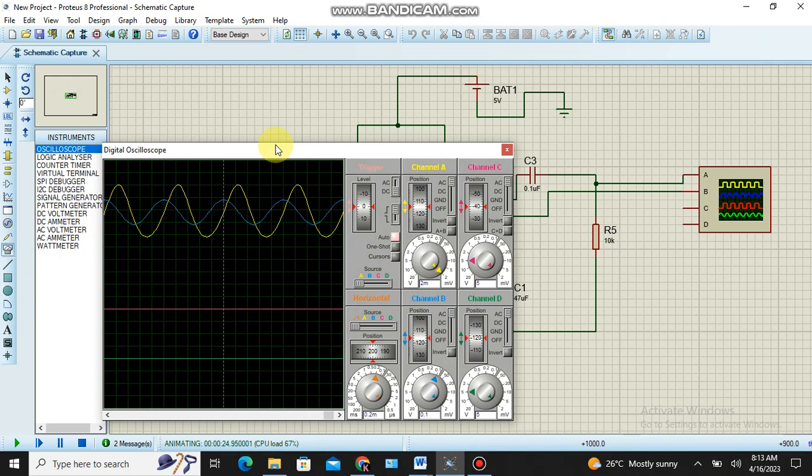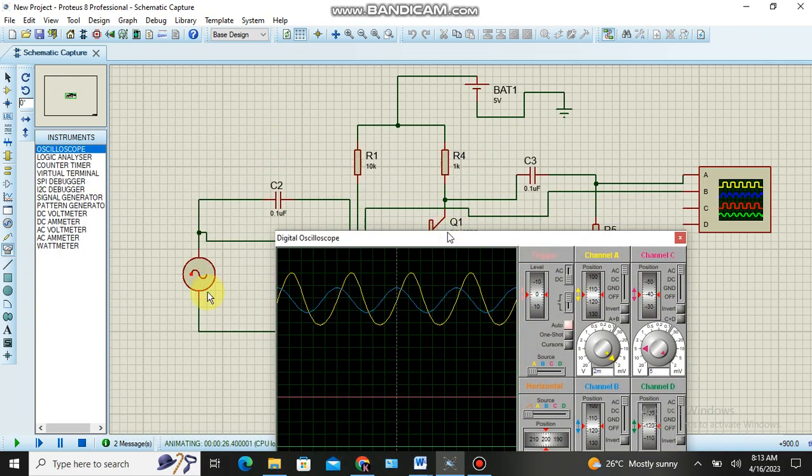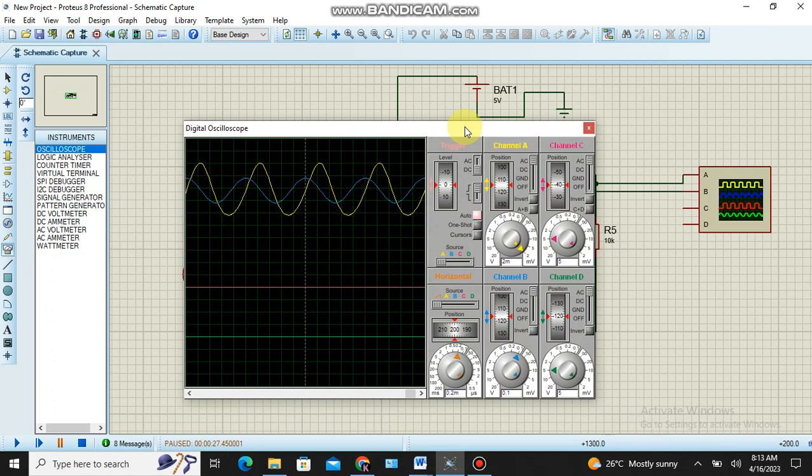In the input side, as I already showed you here, I set 1 kilohertz. If around 1 kilohertz is the center frequency of the bandwidth, then we can get the exact response.